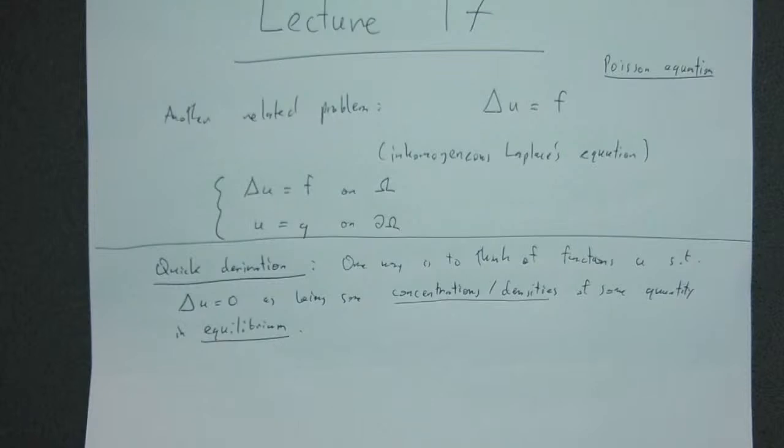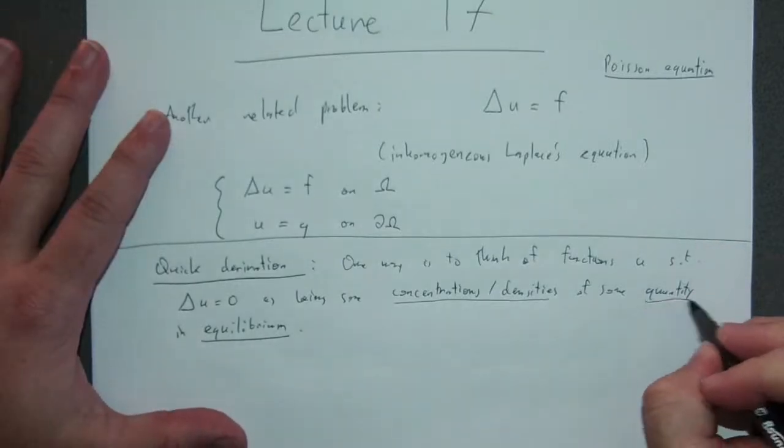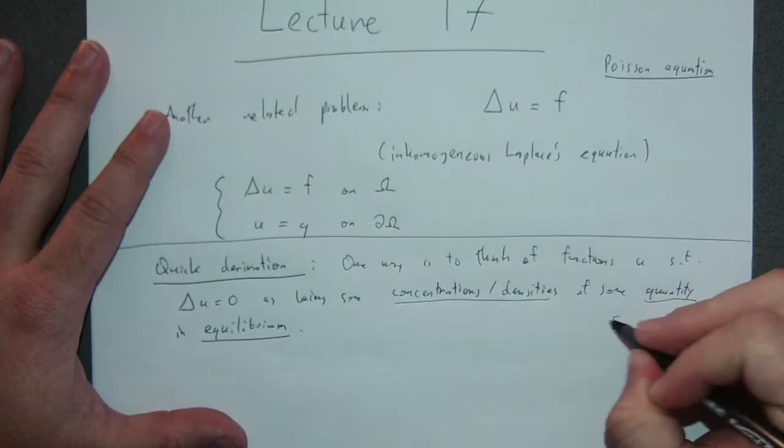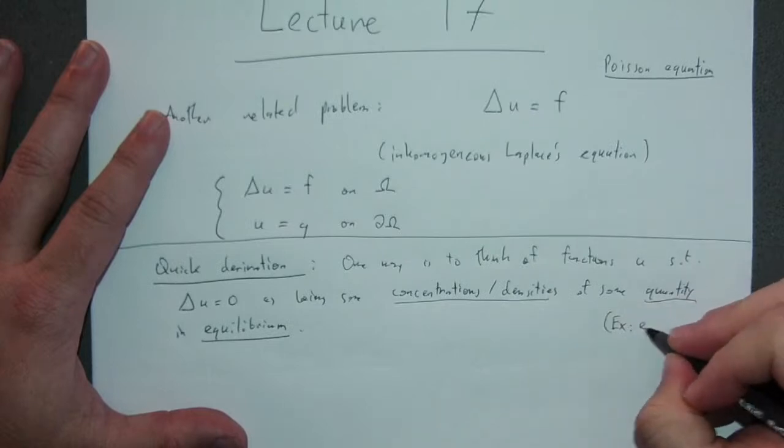So what is an example of some quantity like this? Well, even tied into some of our terminology surrounding this stuff is one particularly important quantity, electrostatic potential.